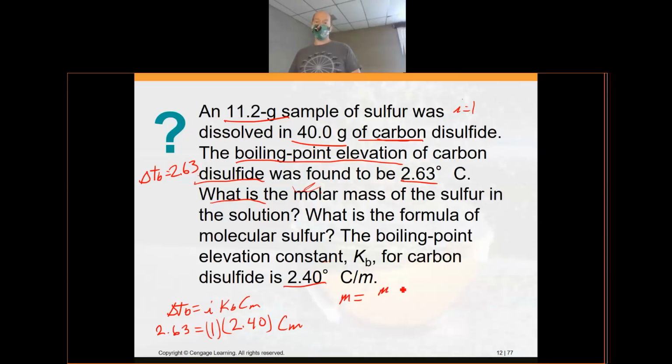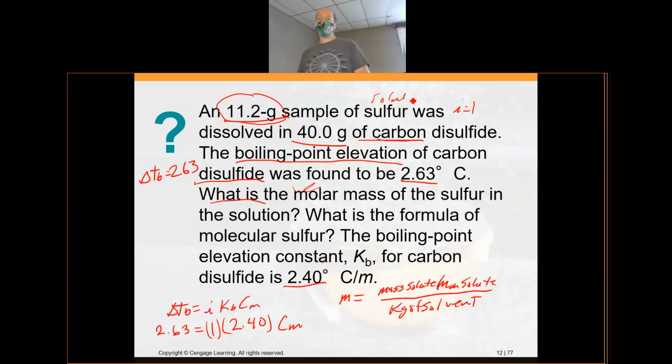Well, you take your mass of your solute, divide by the molar mass of your solute, divided by the kilograms of your solvent. All right, and they give you the mass of your solute.